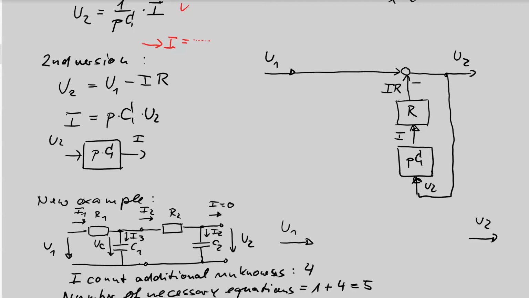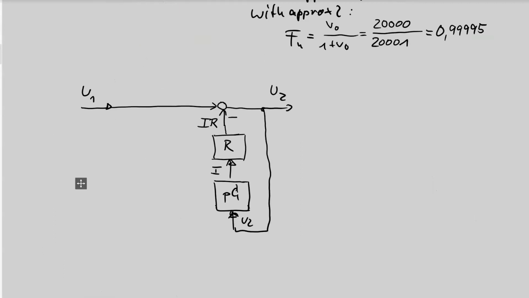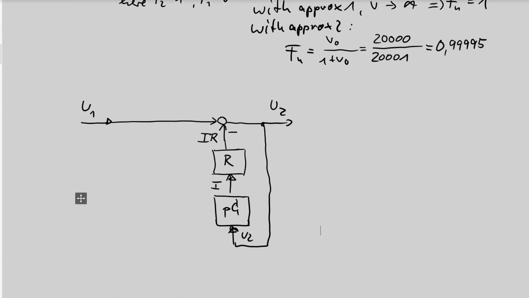I just made a copy and paste of this circuit. I have copied this picture and pasted it here at this position. I want to have U2 over U1, so this should be converted into one block.